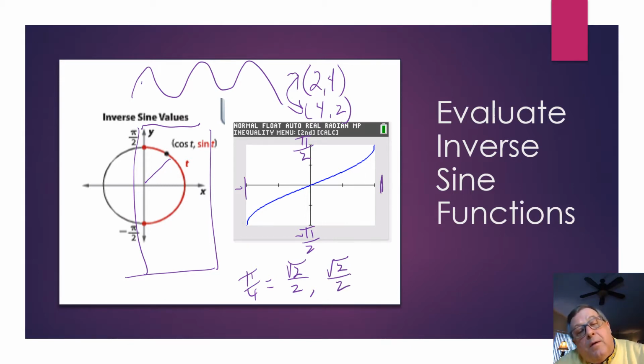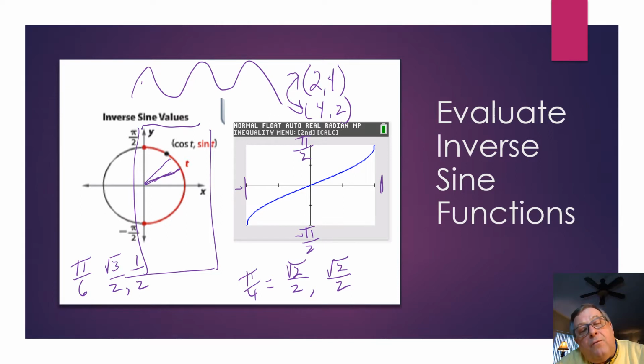Now, what about at pi/6? Pi over 6 corresponds to a 30-degree angle if we were measuring it in degrees. At pi over 6, our cosine is square root of 3 over 2, and the sine is 1/2.